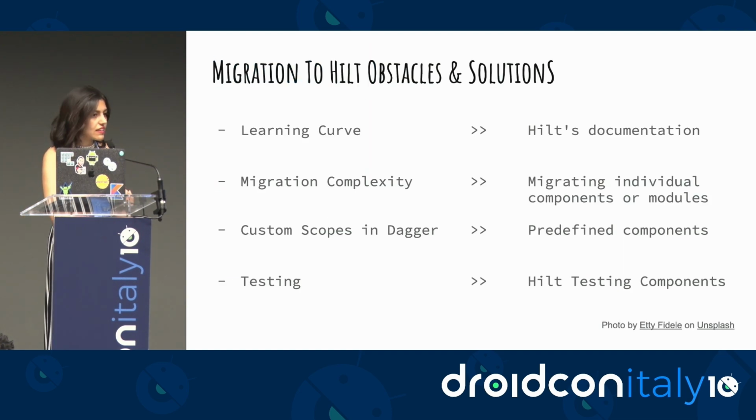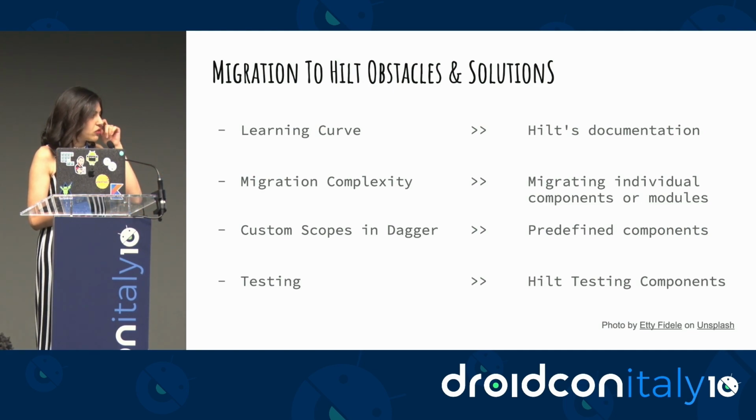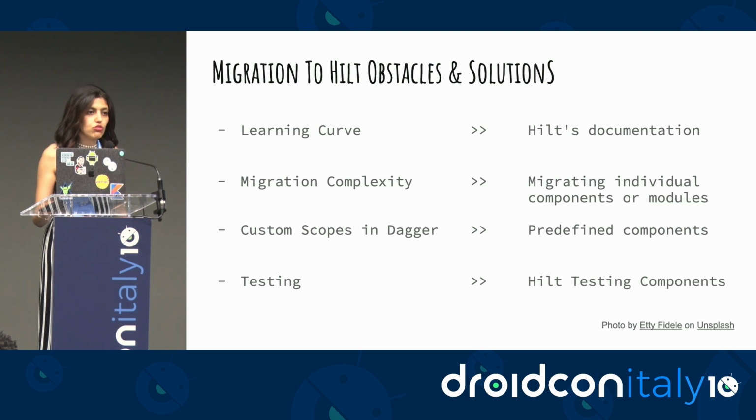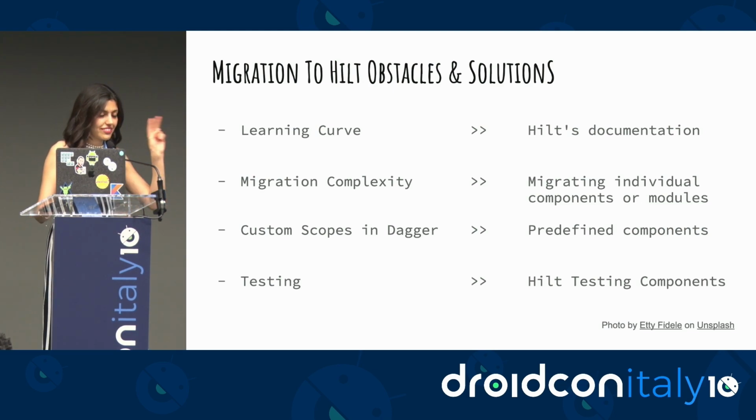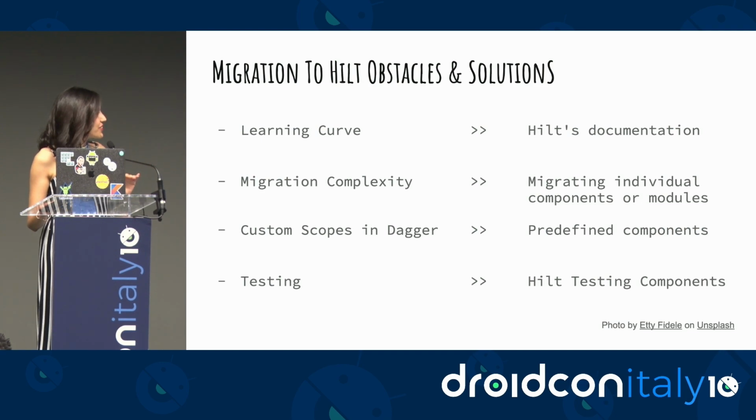Then the testing, with unit tests or instrumented tests, either of those, you will have to deal with Hilt's specific testing components, but I would suggest that you also check the documentation, which makes it very easy to go through. There's also an official migration guide from Dagger to Hilt, so you can check that.